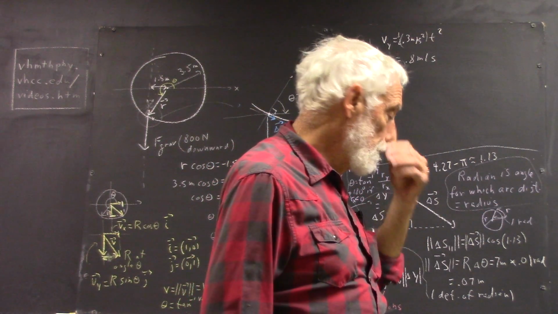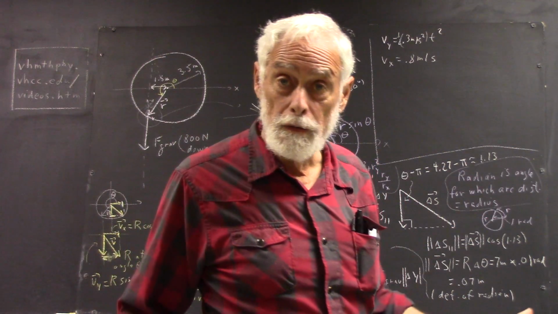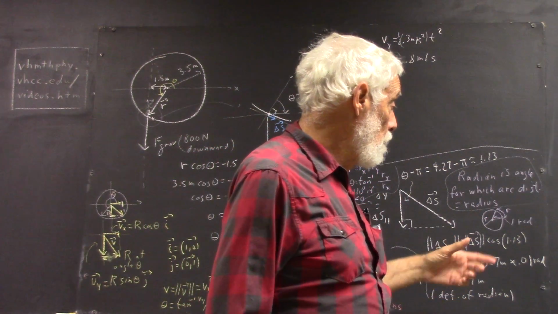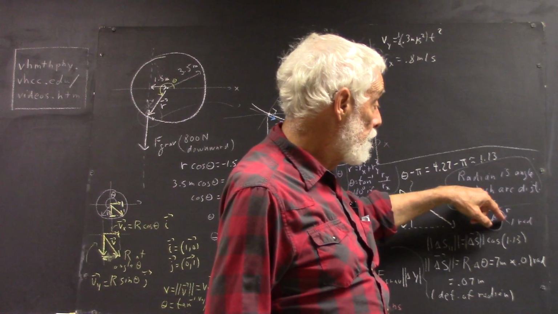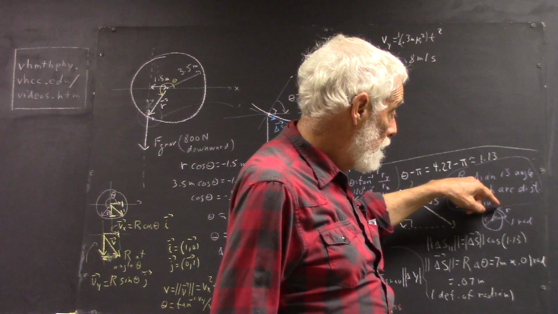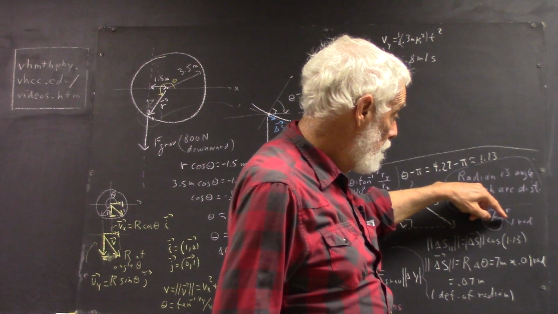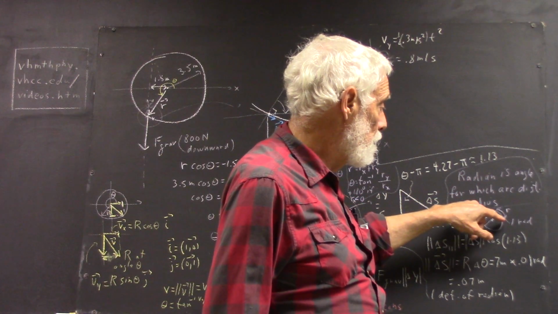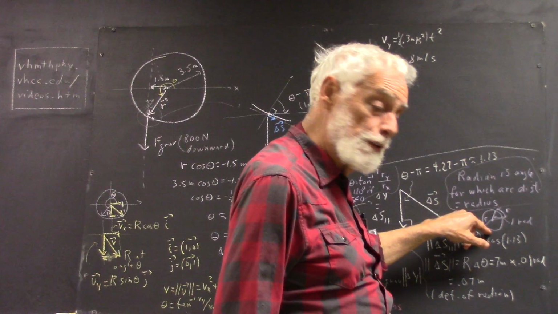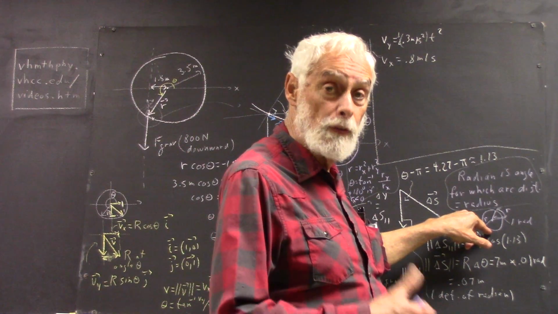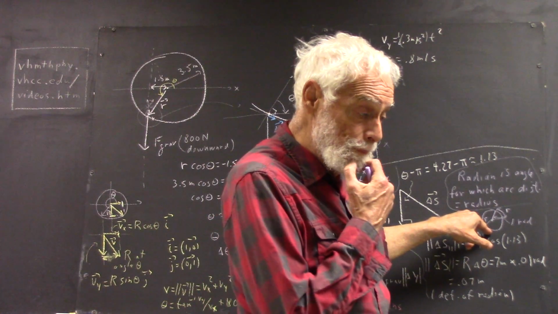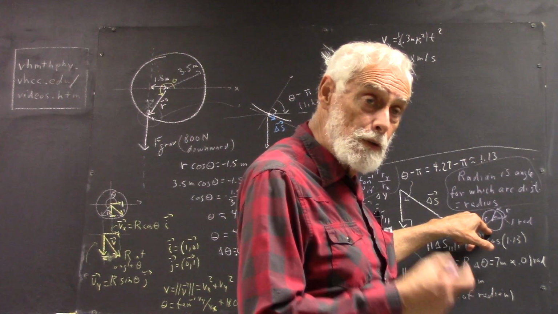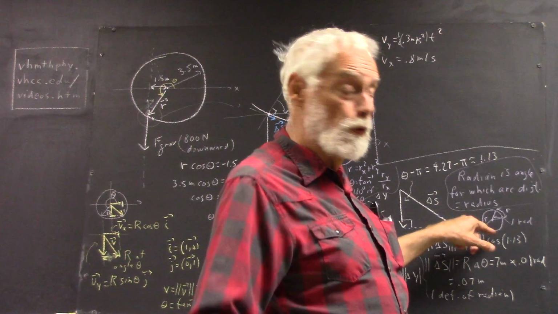So if you have a circle, let's say of radius 12, and you go 4 radians along that circle, okay, 4 times this angle, 4 radians around the circle, would result in an arc distance 4 times the radius. The radius is 12, and you would go a distance of 4 times 12, or 48.